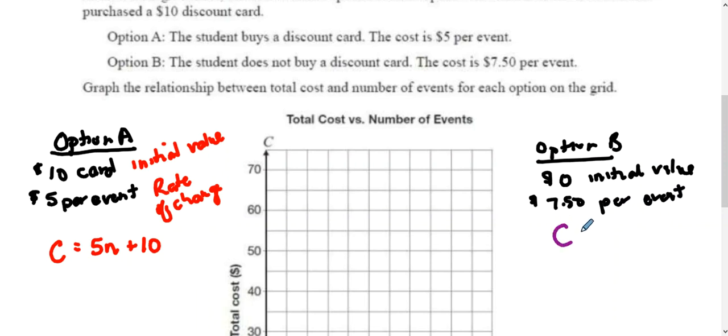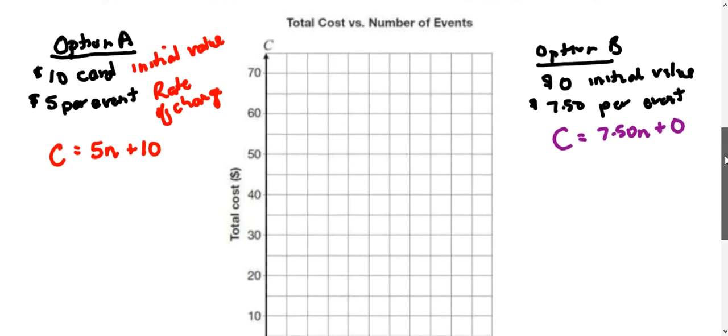We know for option B, you're not going to have a constant, but we pay $7.50 per event plus nothing at the start. So we can do all this on a graph. When you go into grade 10, we'll actually be able to solve that algebraically, and we'll see that moving forward.